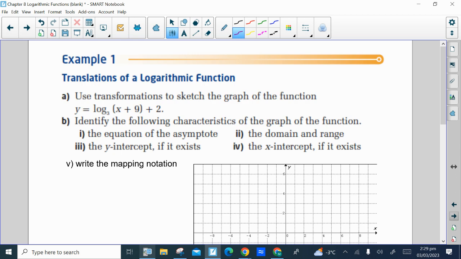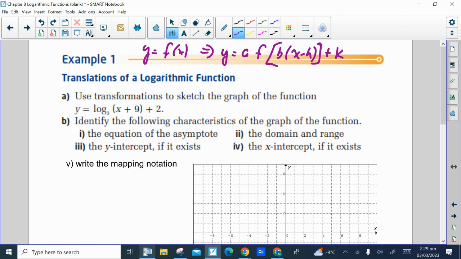Okay, so let's switch gears and talk about some transformations of logarithmic functions. It's the same principles as when we transformed all of our other functions. So we go from y equals f of x to y equals a f of b times (x minus h) plus k.